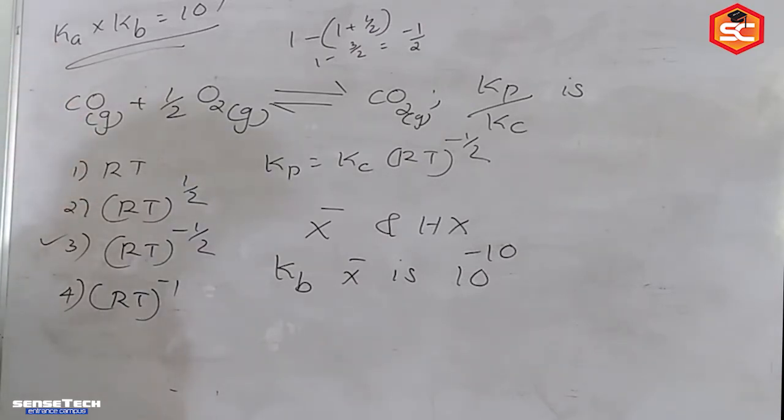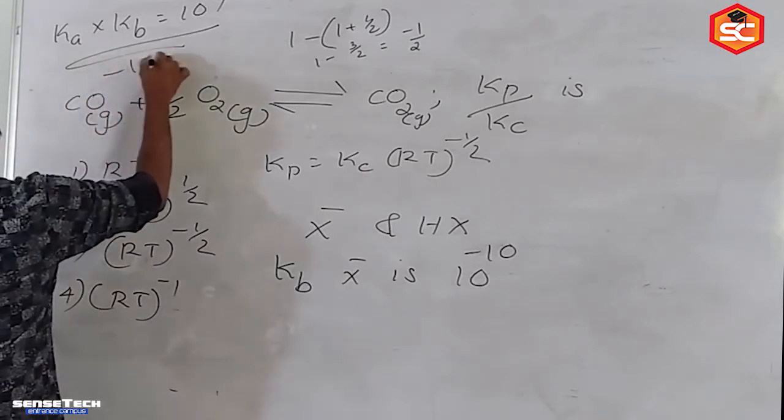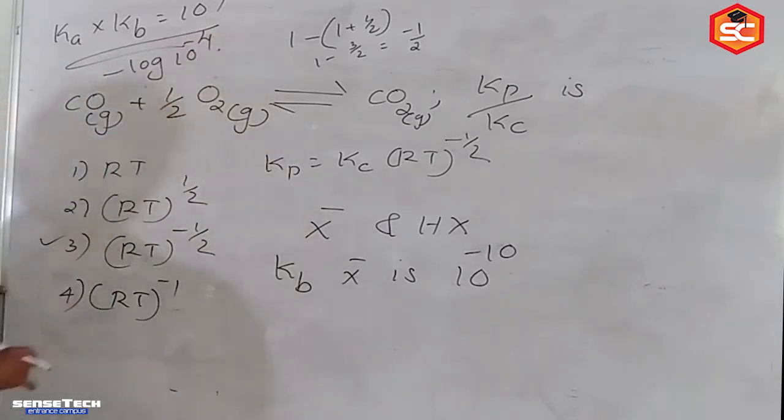Then substitute: pH is equal to minus log 10 to the power minus 4 plus log concentration of salt by concentration of acid. Salt and acid are both the same, so the log is 1, log 1 is 0. So the answer is minus log 10 to the power minus 4, which is 4.